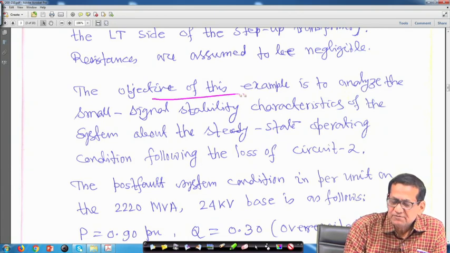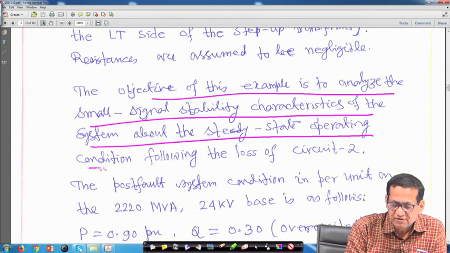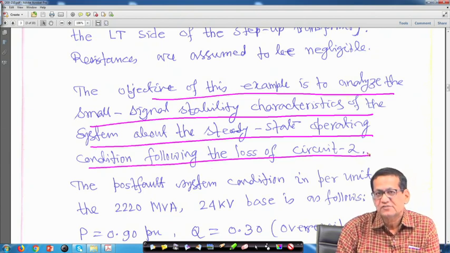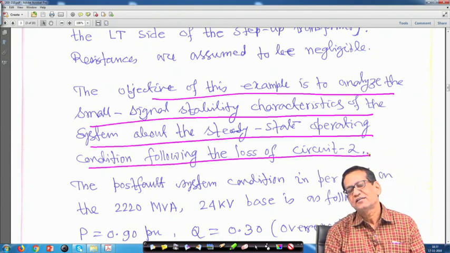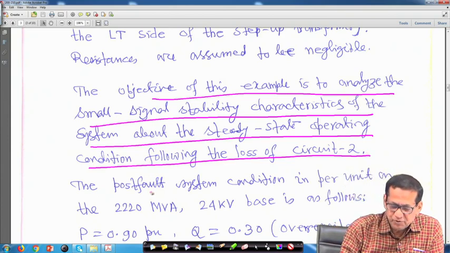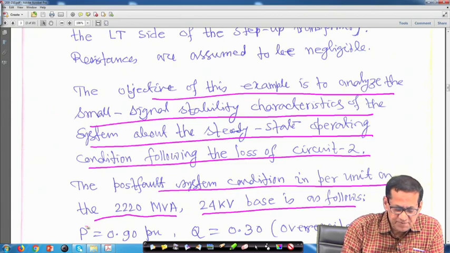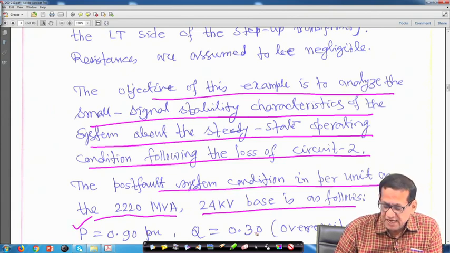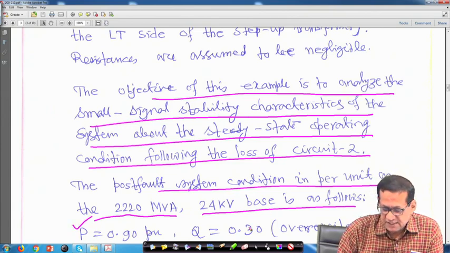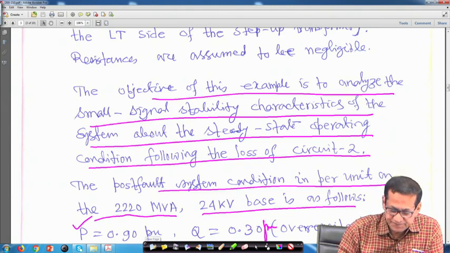That means suppose there is a fault and circuit 2 is totally disconnected, and the post fault system condition in per unit on the 2220 MVA 24 kV base is as follows: P is 0.90 per unit and Q is 0.30 per unit, that is over excited condition.